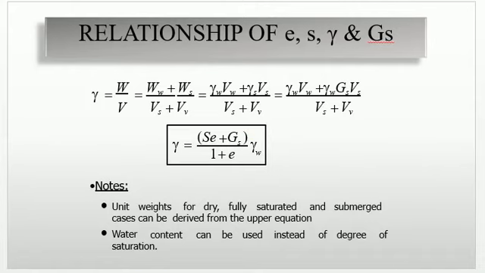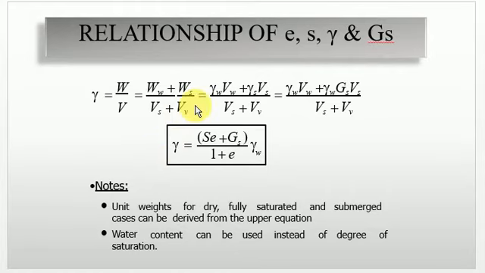Now again, this is the relation of void ratio, degree of saturation, density and specific gravity. So the density is weight over volume. Here total weight is equal to weight of water plus weight of solid from the three-phase system, and the total volume is volume of solid plus volume of voids.